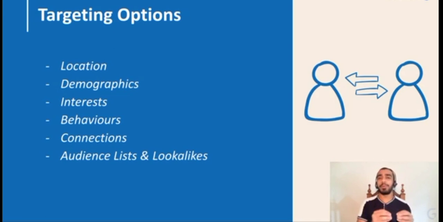A lookalike 1% would mean that 1% of that audience are most likely to convert. When you go to lookalike 2%, the audience range widens, so there is a lesser chance that your audience can convert, but the audience pool widens. So you can go from lookalike 1%, 2%, 3%, up to 10%.